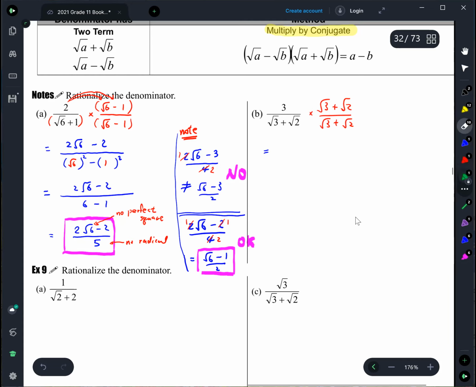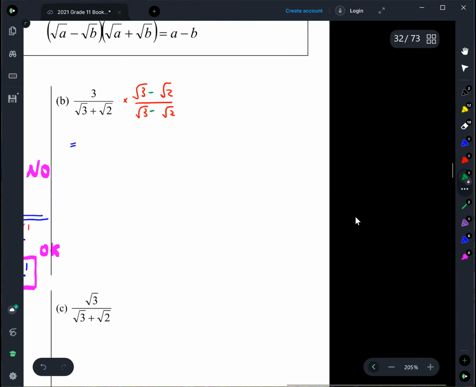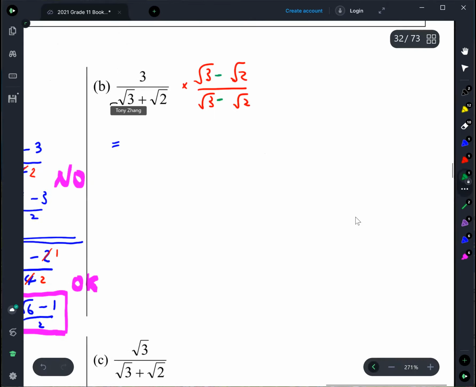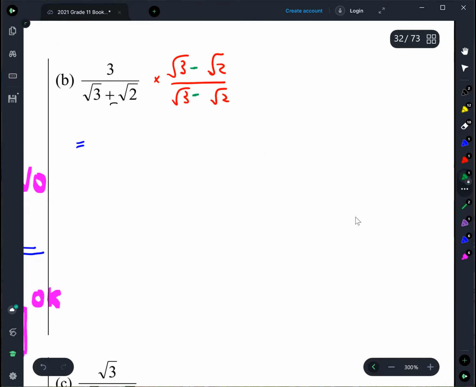Why should it be minus now? Because the example we did before says minus. Huh? Don't look at the example before. We should look at the question we are working on. What's telling you that we should use plus or minus?